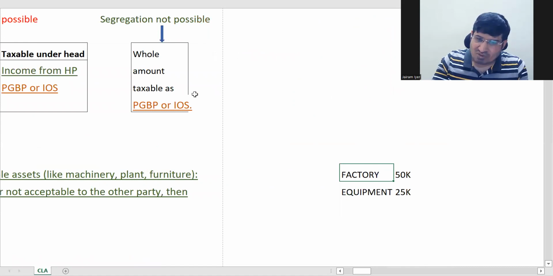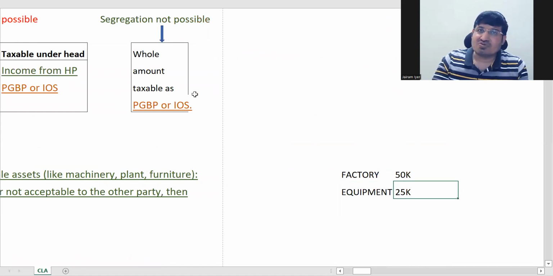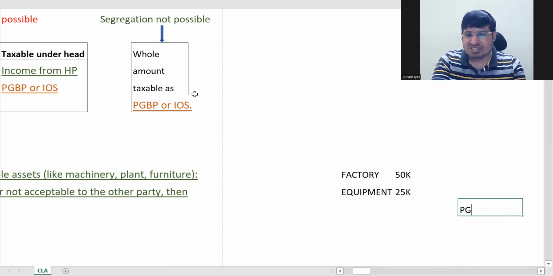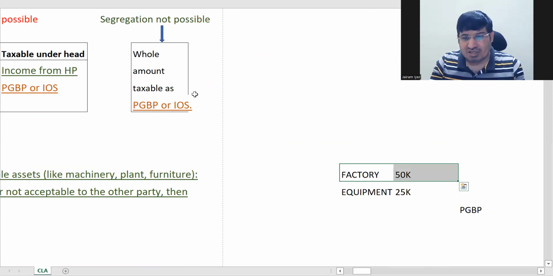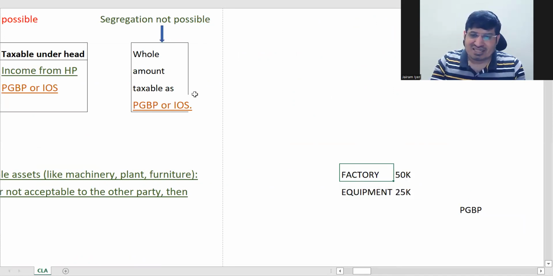No. So although you are quoting separately, this will be treated as one. This will be chargeable to tax under PGBP, not income from other sources, although you have a bifurcation available. Because here it is very clear that the factory will be taken along with the equipment. So here there is no segregation possible.